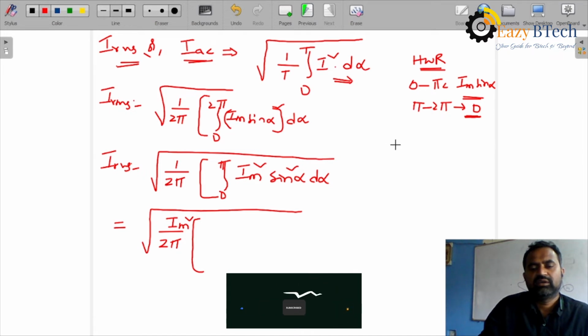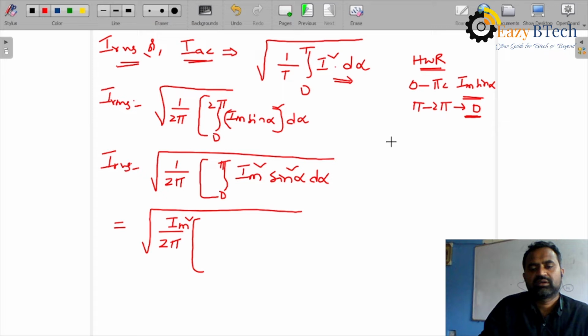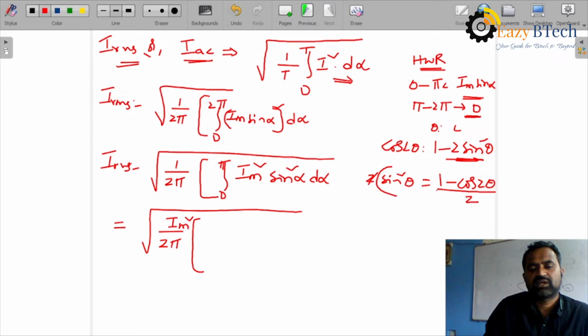From the formula cos 2 theta is equal to 1 minus 2 sin square theta, where theta you can assume as alpha, we get 2 sin square theta is equal to 1 minus cos 2 theta, so sin square theta is 1 minus cos 2 theta by 2.